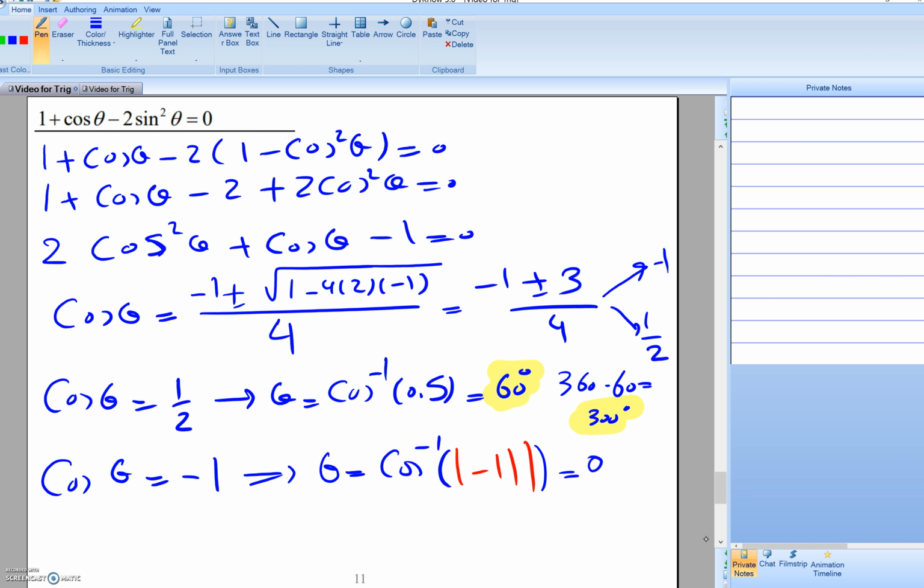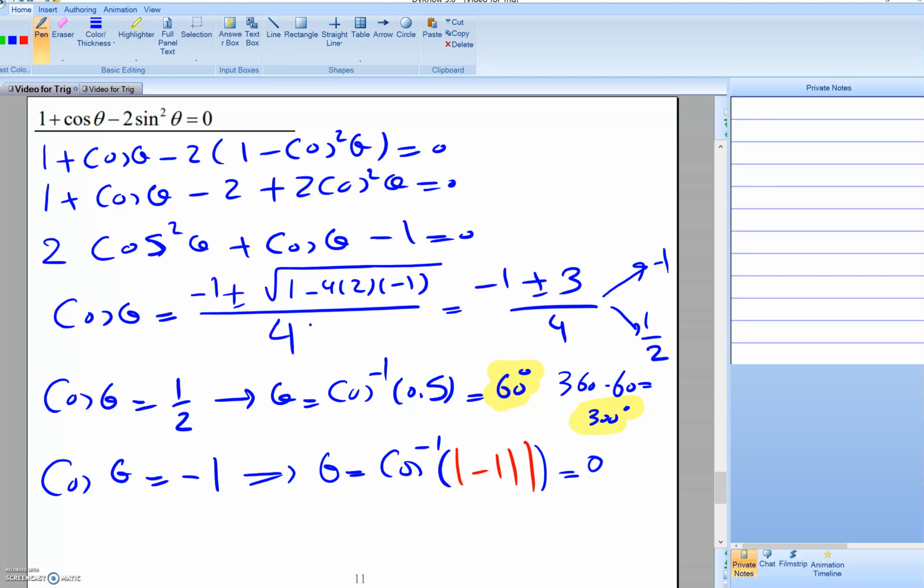I cannot solve it for cosine or sine both together. I have to make them all based on one trig function. I cannot change cosine to sine because I have cosine power 1. So the one that I have power 2, which is sine squared, I change to 1 minus cosine squared.